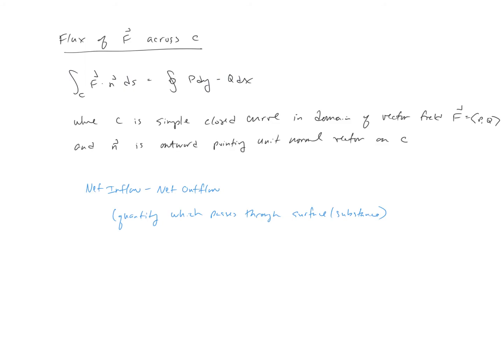All right, so now we're ready to talk about the flux of vector field F across C. Before I get into that, I want to point out the blue stuff here in the middle of the screen. Flux in general is probably a new idea for most people, and just think about it as net inflow minus net outflow, in that what it gives us is the quantity which passes through the surface or substance.